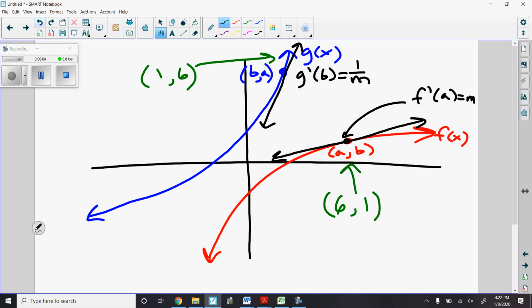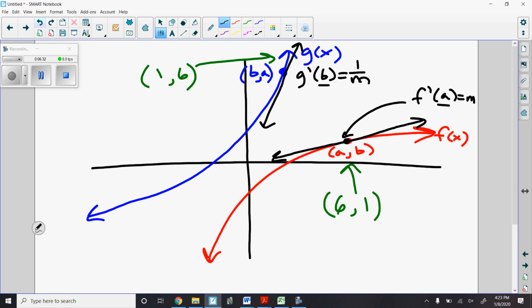What I want you to notice is the two points that have a relationship have different x values. Notice this and this are different. One is A, one is B. To put this in terms, if F prime of 6 is 3, then G prime of 1 would be a third.